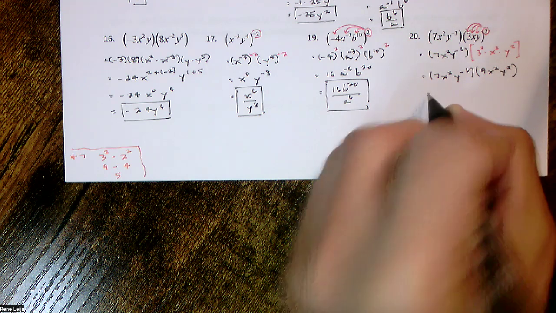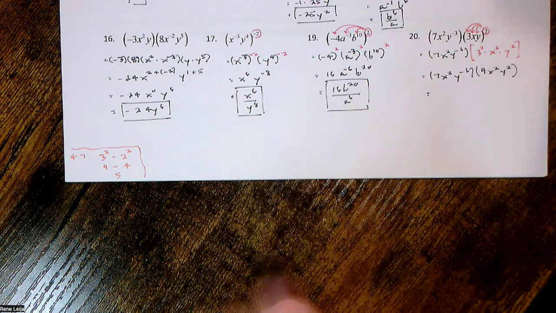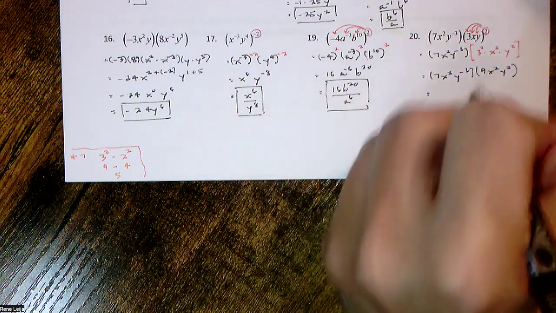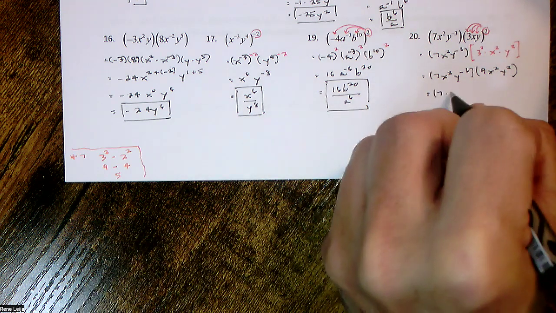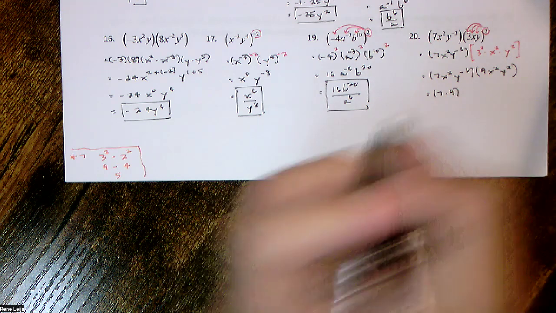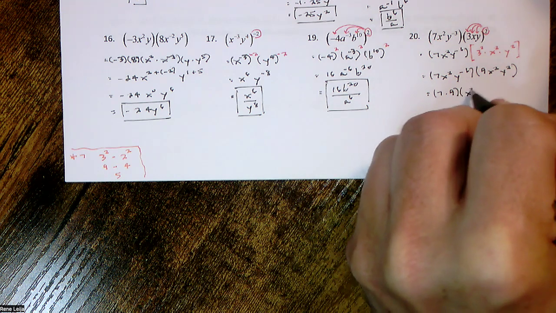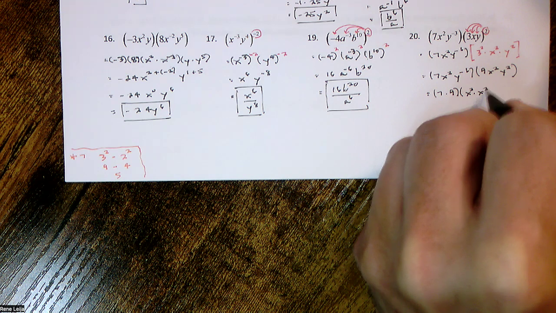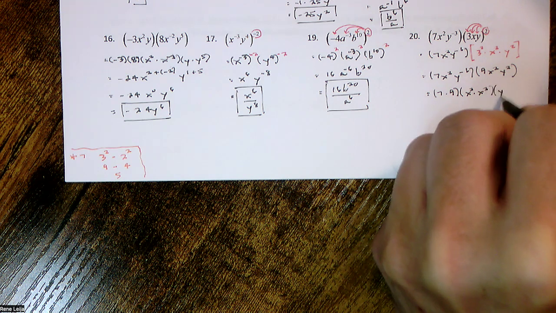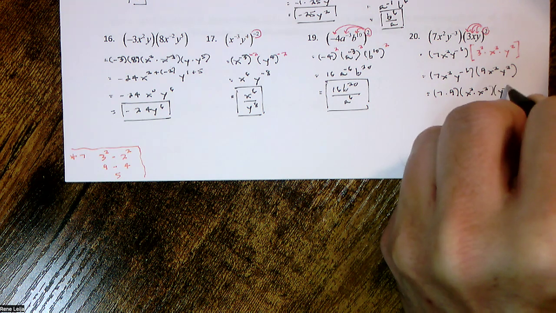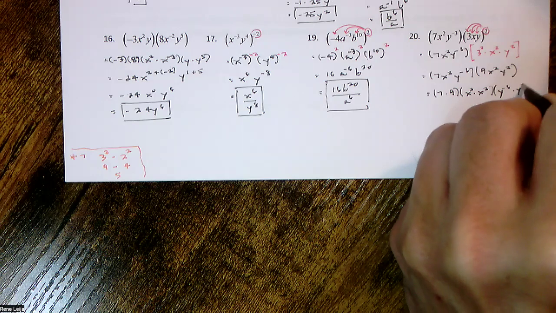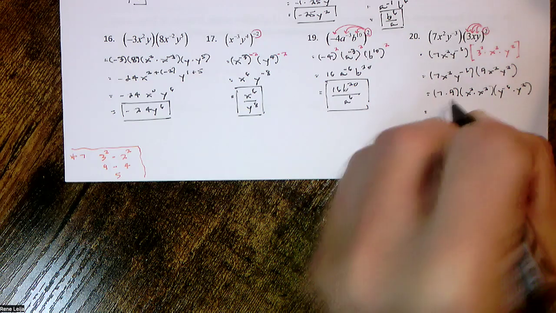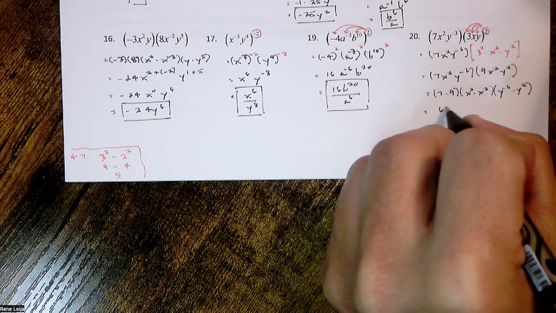Okay, now I'm back to what I had in number 16. So we're going to pull our numbers together, 7 times 9. We're going to pull our variables together, x squared times x squared. And then we're going to pull the y's, y to the minus 6 times y squared. Okay, so 7 times 9 is 63.